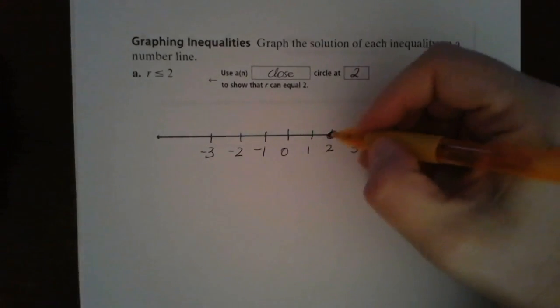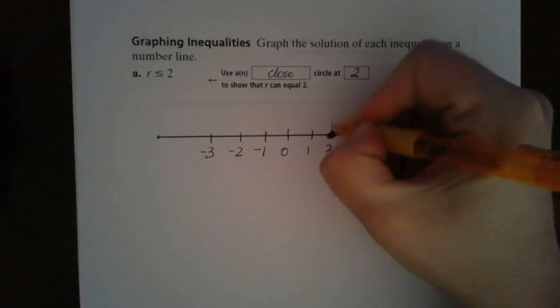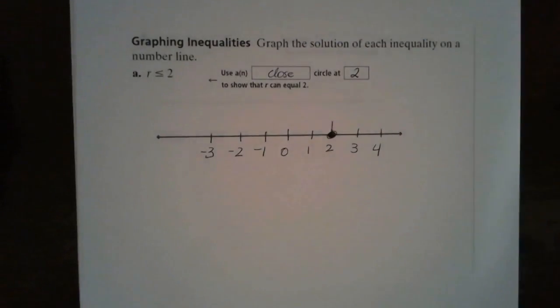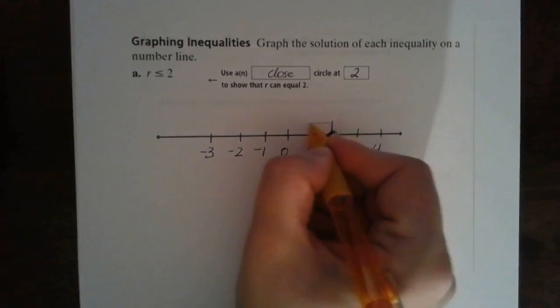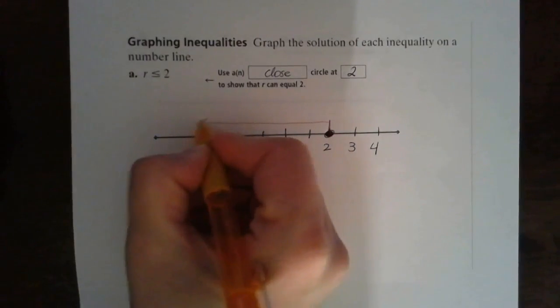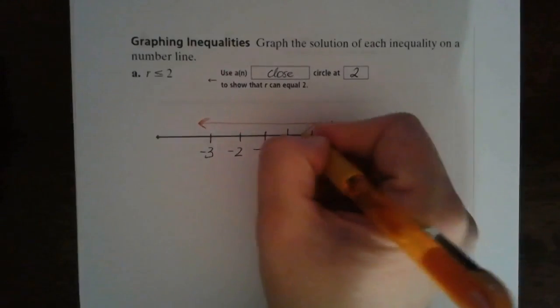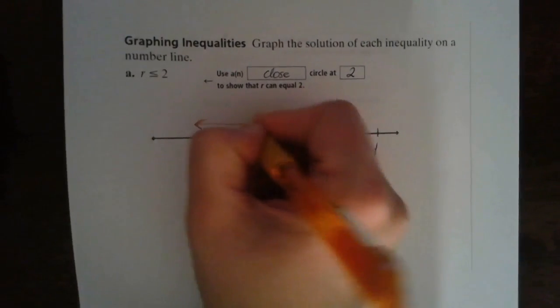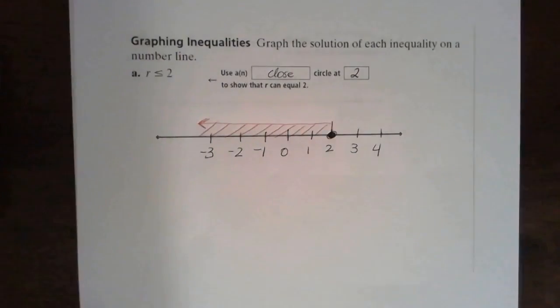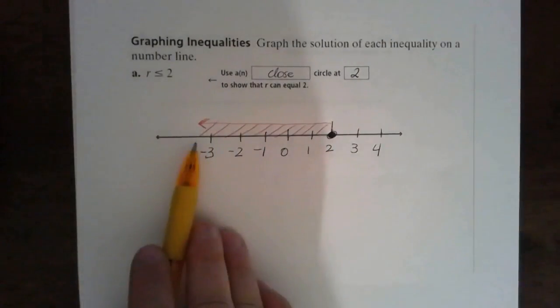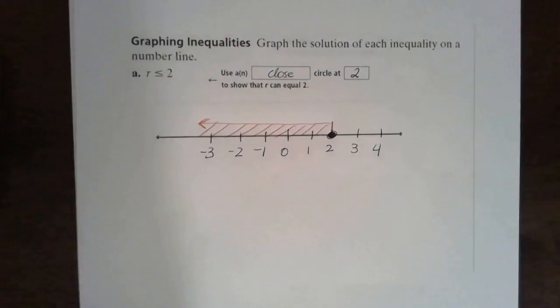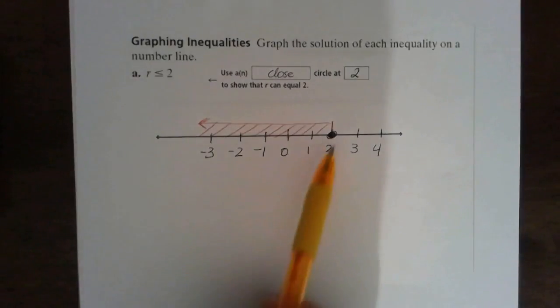I'm going to show that all my solutions are to the left. In your book, they usually draw on the line, not above the line. I like above the line personally, because then I can still see my numbers.